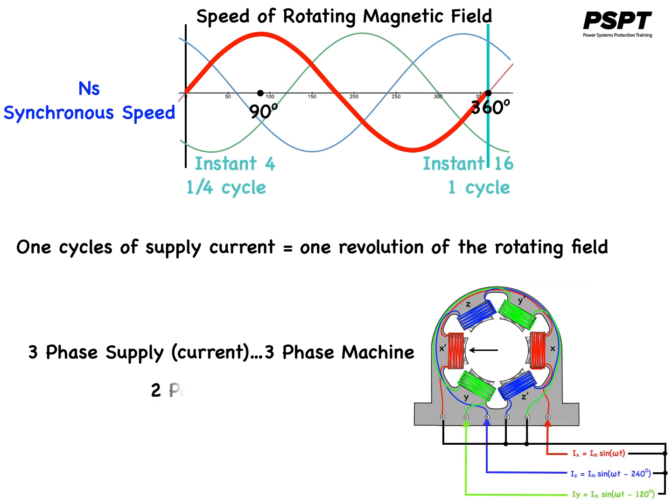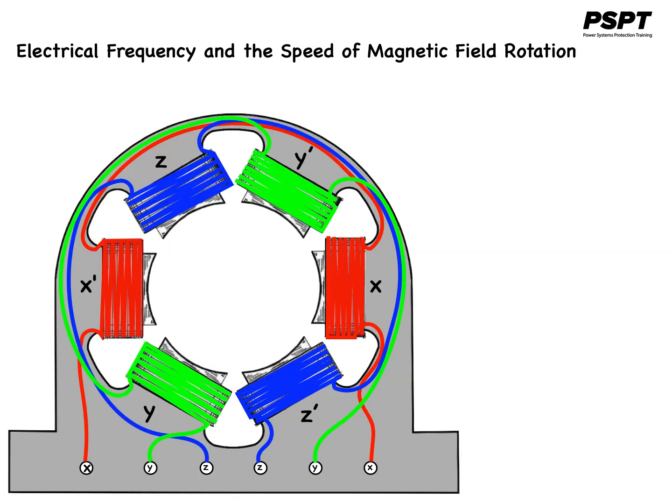Therefore, in a 3-phase machine having 2 poles per phase in the stator winding, the rotating field makes one revolution in one cycle of the supply current. I have numbered each of the pole pairs 1 and 2 for each of the 3 phases.